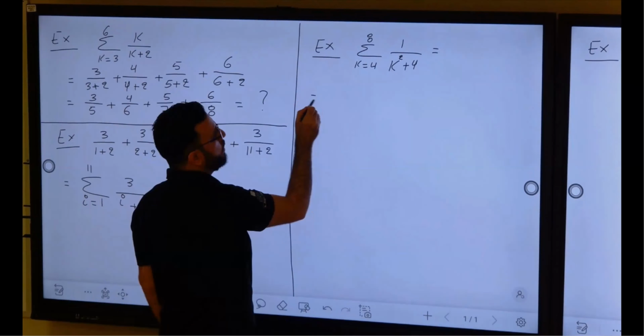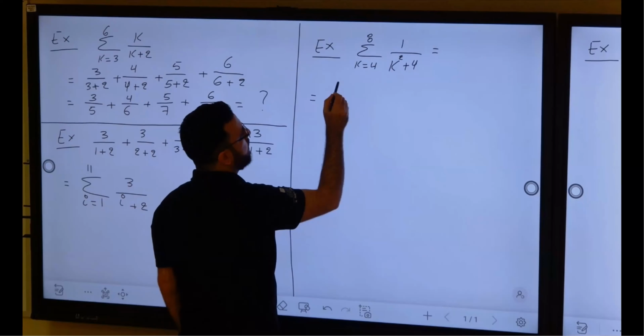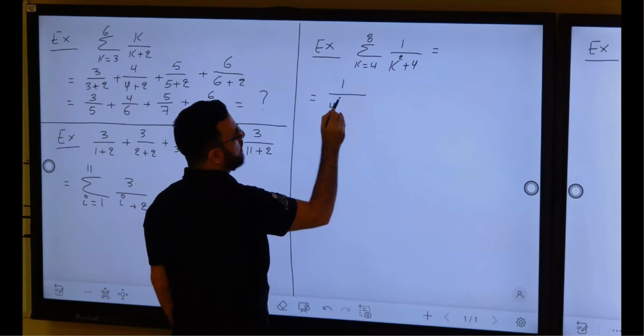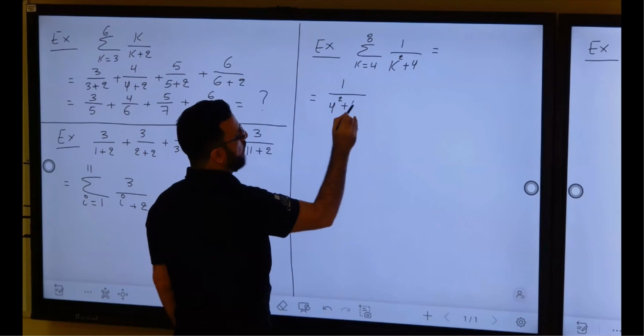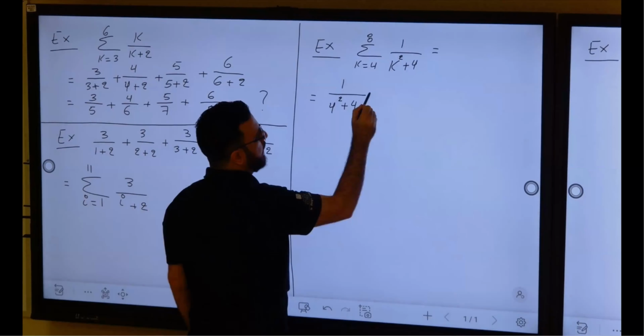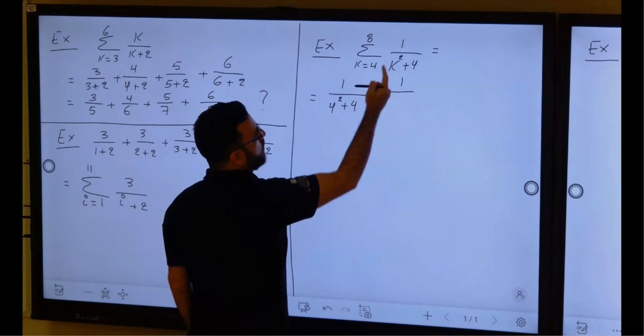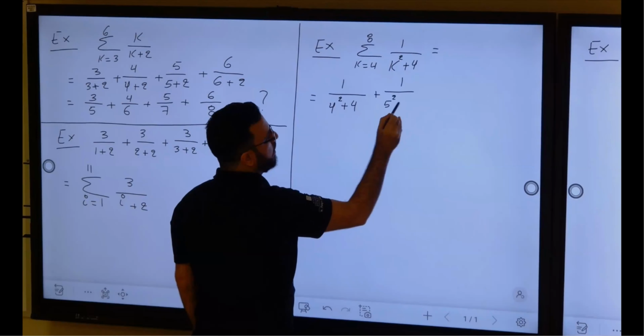That means the first term is going to be 1 over 4 squared plus 4. Plus the second term is going to be 1 over k squared, so I'm going to use 5 squared plus 4.